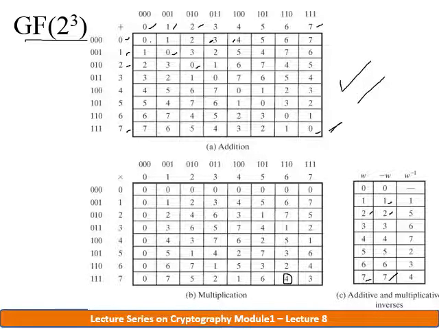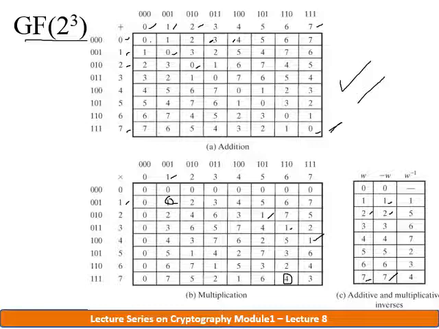Next comes multiplication, the multiplicative inverse. How do we find the multiplicative inverse? Wherever we have the multiplicative identity element, by multiplying 1 with 1, we get the identity element as 1.